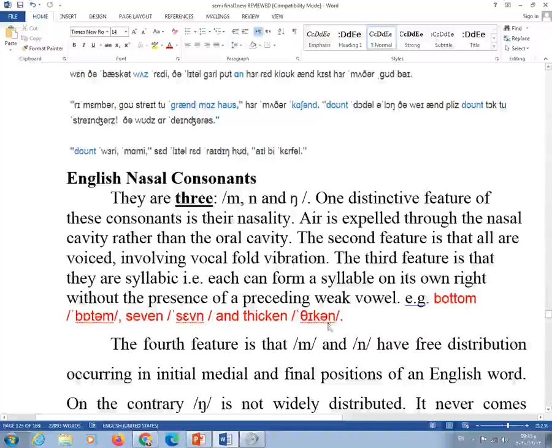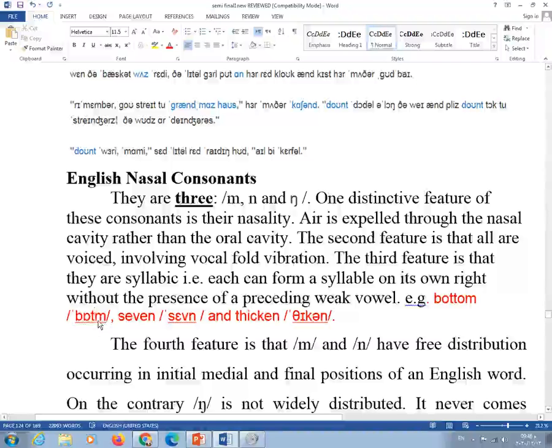For example, the word bottom. Here we find that m is preceded by a weak vowel which is schwa. So we can delete this and say bottom, tum only. When do I remove the vowel? When it comes with m, n, and ing, and maybe also l and so on, a few sounds, when they come in weak syllables, meaning a syllable where the vowel is schwa.